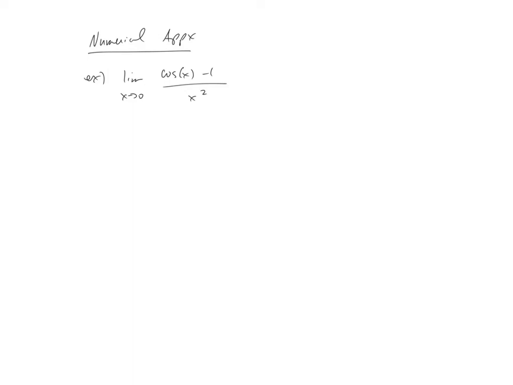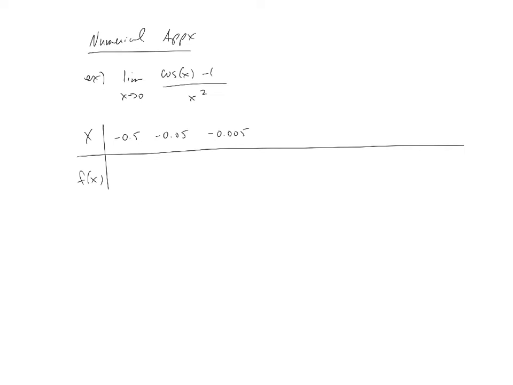So I'm going to set up a table, x and f of x. And remember how we talked about we want to approach 0 from both directions? So I'll select numbers like 0.5, negative 0.5, negative 0.05, negative 0.005.